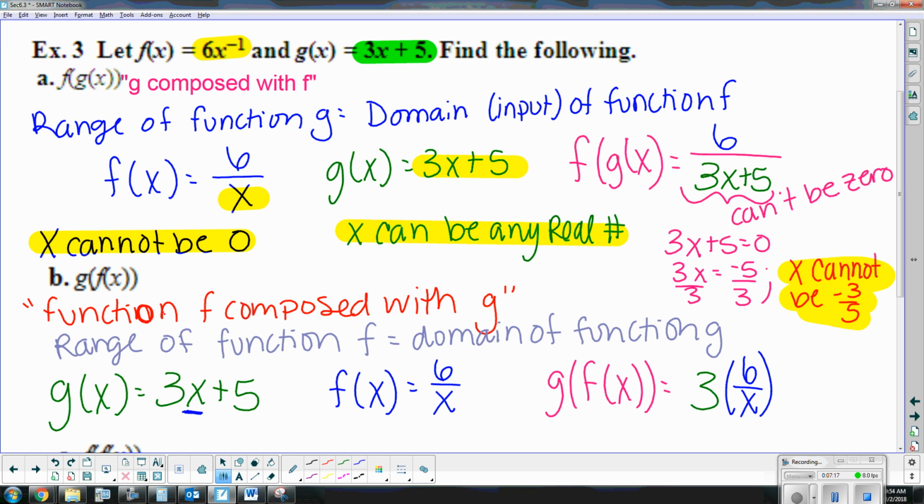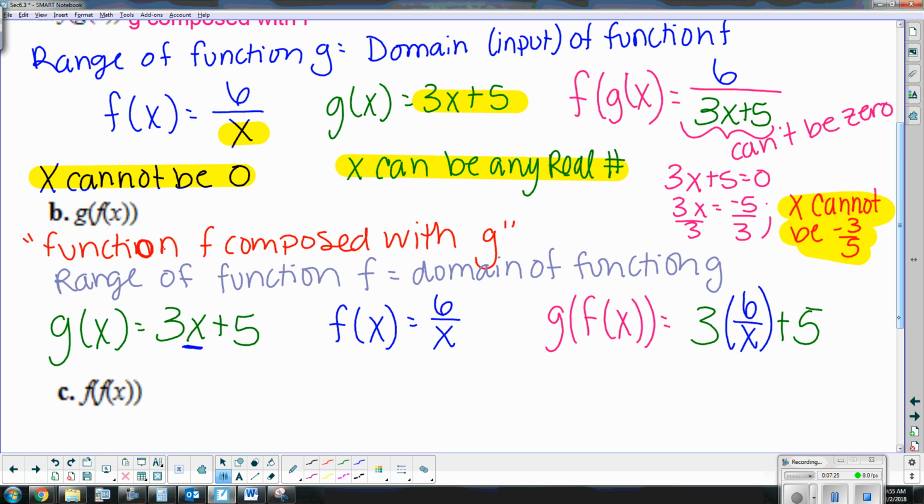So 3 times 6 over x plus 5. So our g of f of x is 18 over x plus 5.